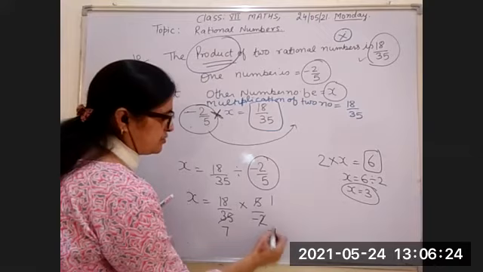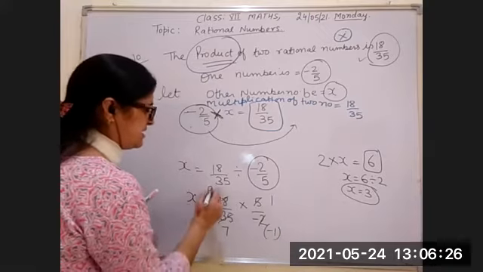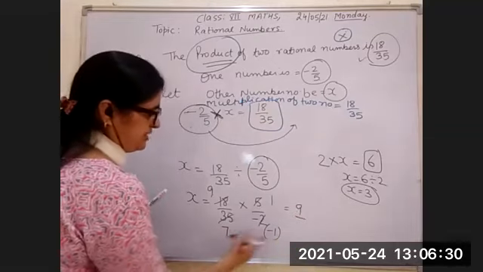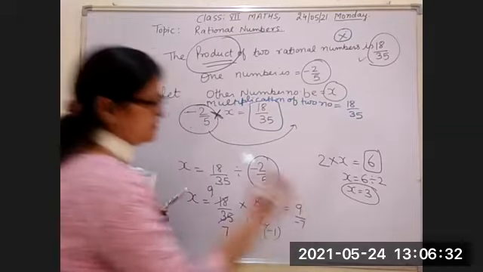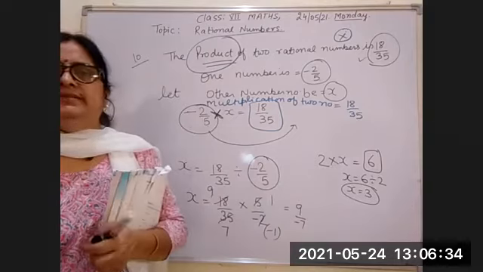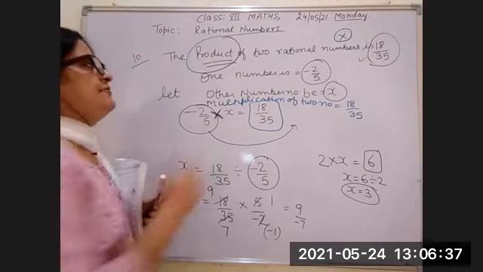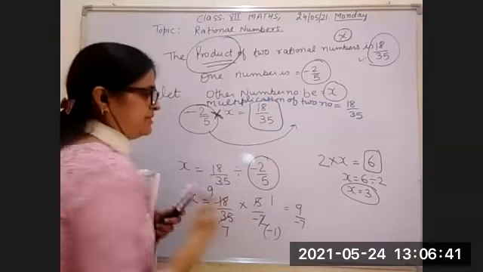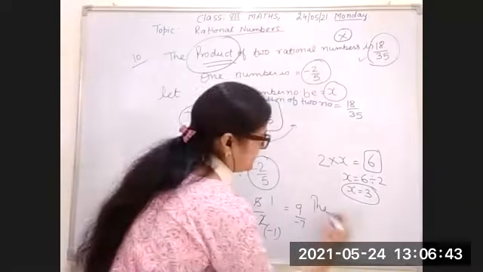And 2 ones are 2, and 2 nines are 18. So 9 times 1 is 9. When you multiply 7 with minus 1, you will get the result minus 7.